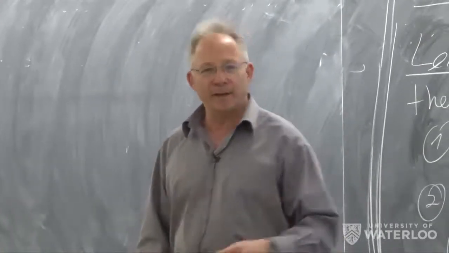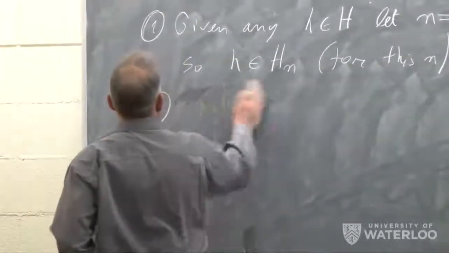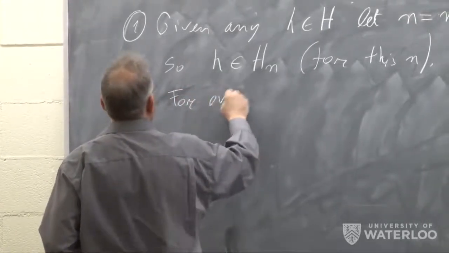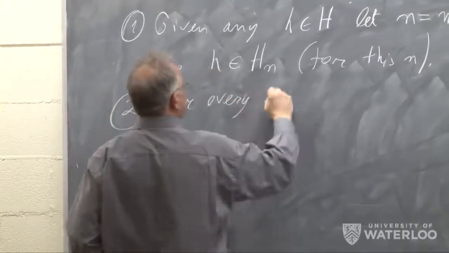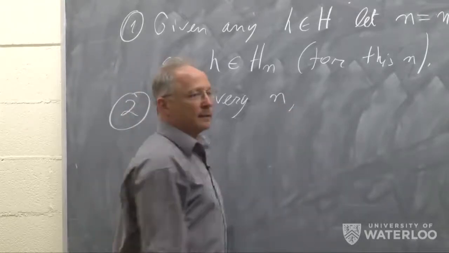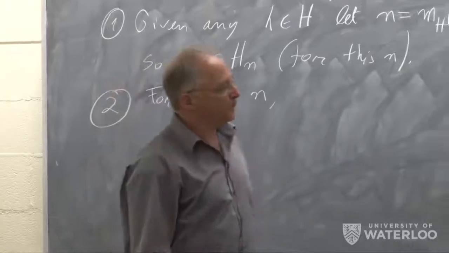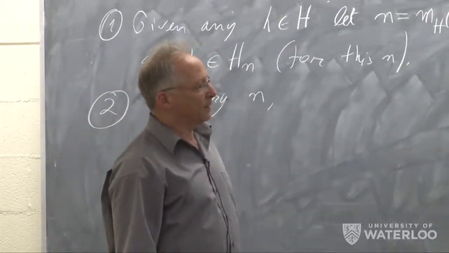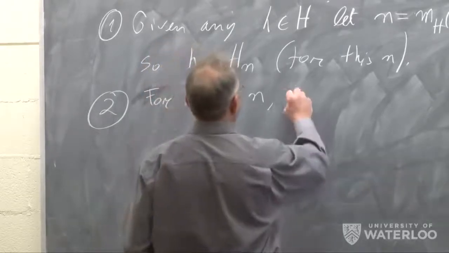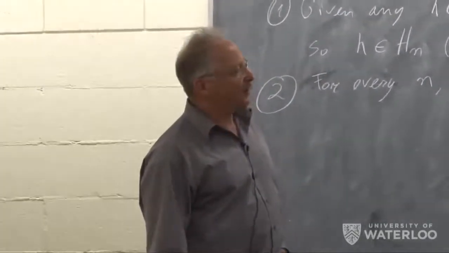The no free lunch theorem tells me that, assume, I claim that for every n, so now what's the most elegant way of stating it clearly?